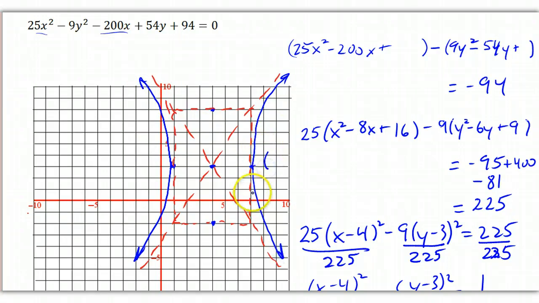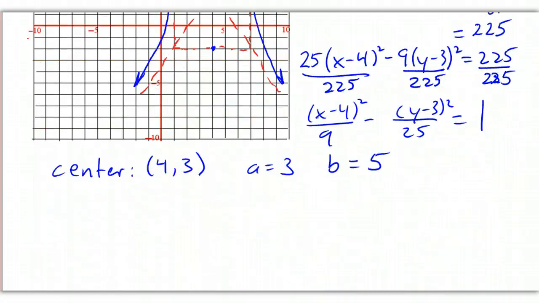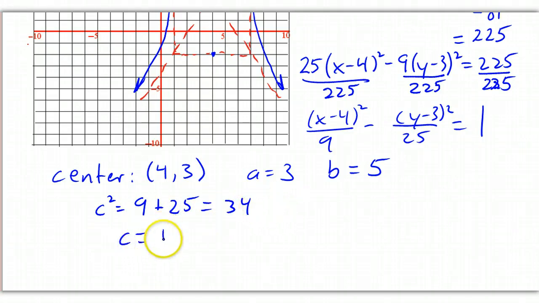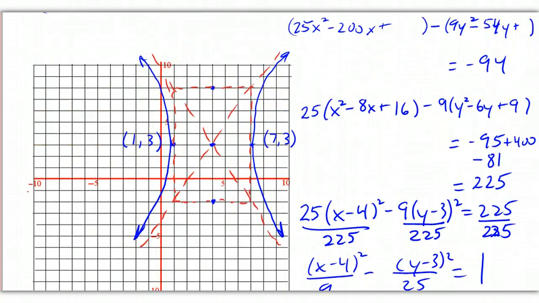Okay, here's one vertex. It is at 7, 3. And here's another vertex. It is at 1, 3. How about the foci? Well, c squared equals a squared plus b squared, which is 34. So c is plus or minus the square root of 34, which is a little less than 6. So from the center, I'm going to go out a little less than 6. 1, 2, 3, 4, 5, 6.